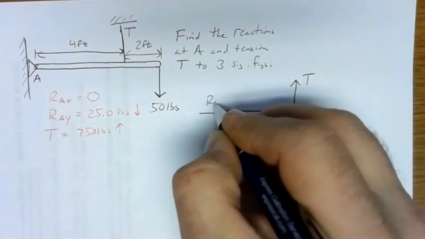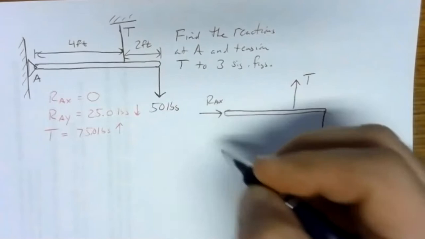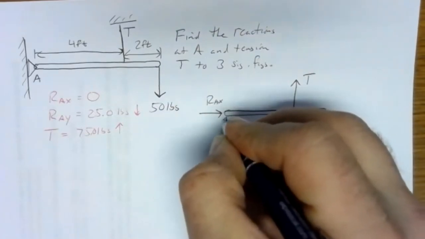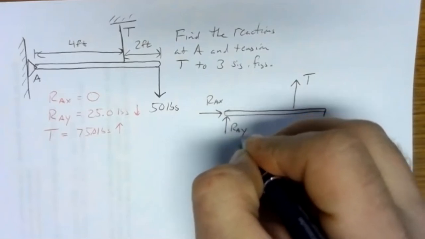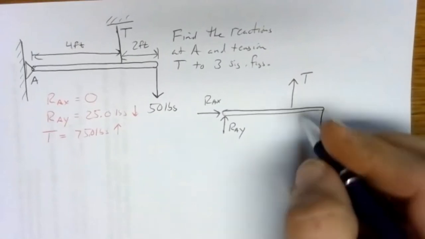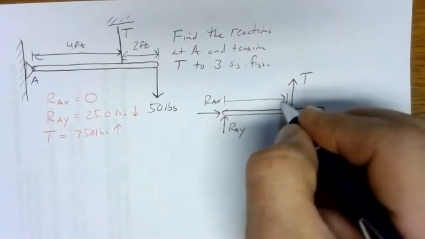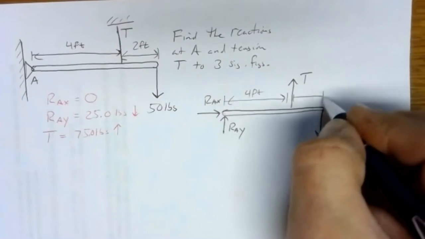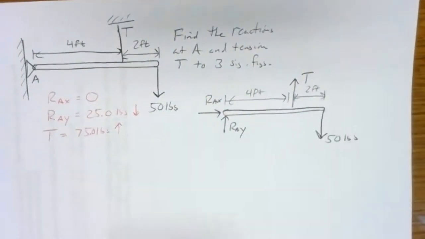And because it's kind of an oddball problem, something I maybe don't have the best physical intuition with, I'm just going to use my default RAX to the right and RAY up and let the math tell me if those work. So we've got 4 feet here and 2 feet there. So there's the free body diagram.